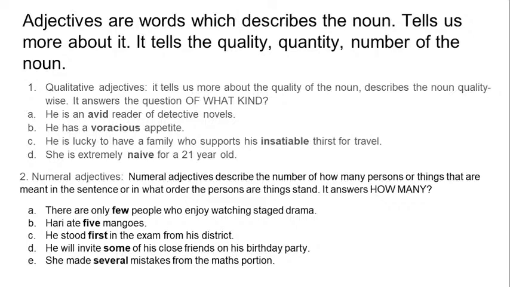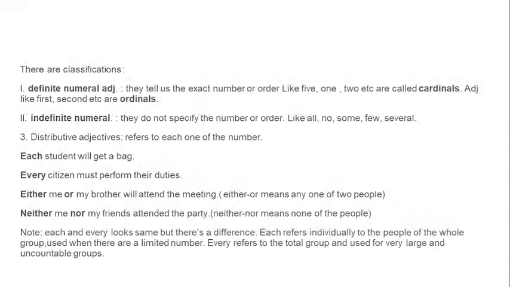How many mangoes? 5 mangoes. But if you take number C example, he stood first in the exam from his district. So it answers which rank. But anyway, both are related to numbers, and it gives you the detail regarding the numbering of the noun.